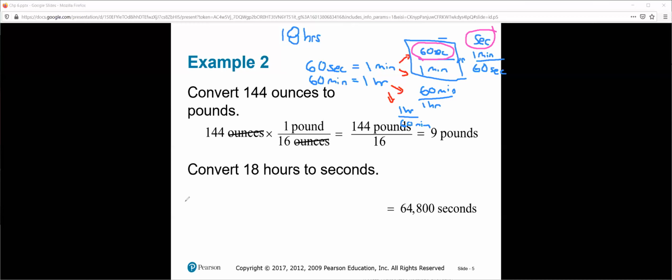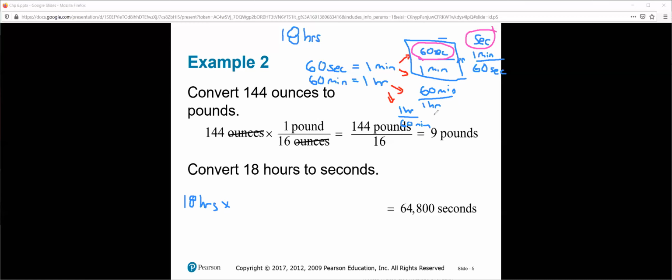Cool. So let's start writing it. Rewrite it down here. 18 hours times blank equals some number of seconds. I'm going to technically do this in an incorrect fashion to start out with. Then I'll explain my process as I go.